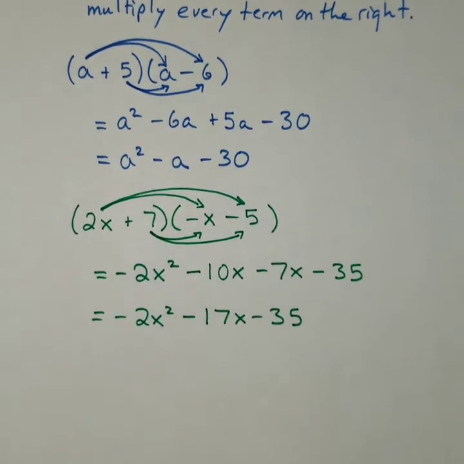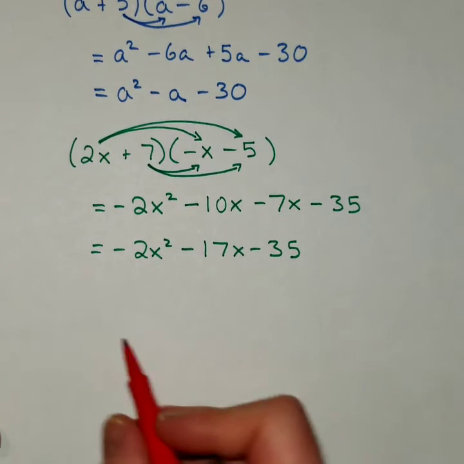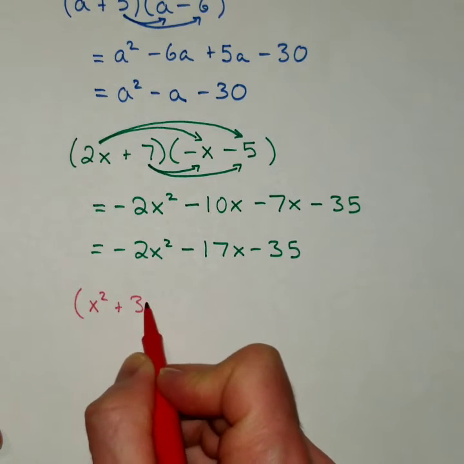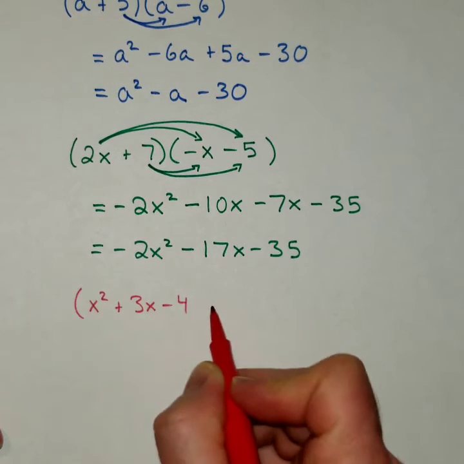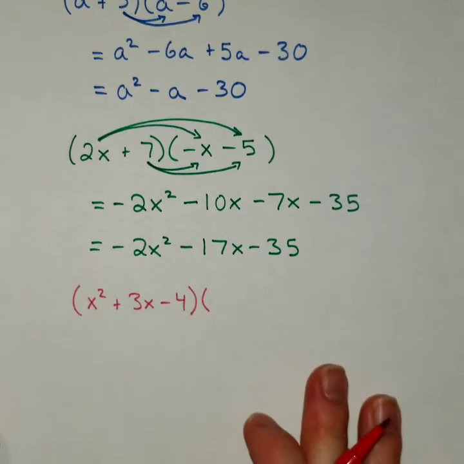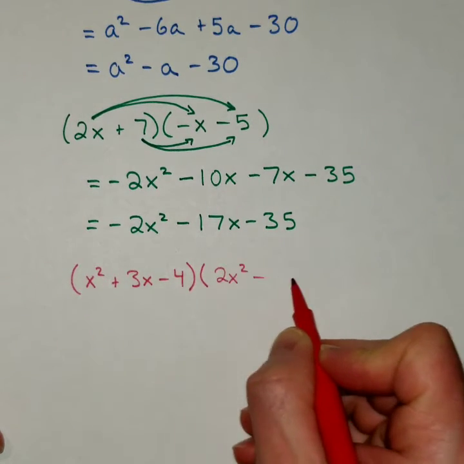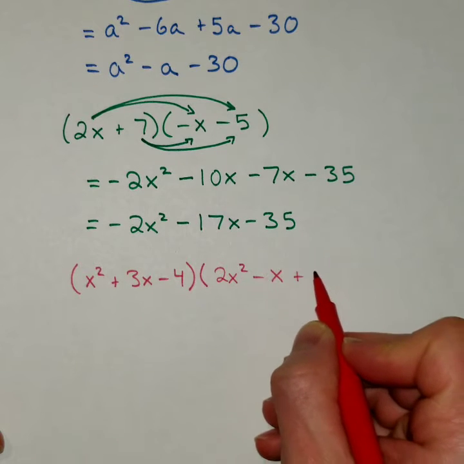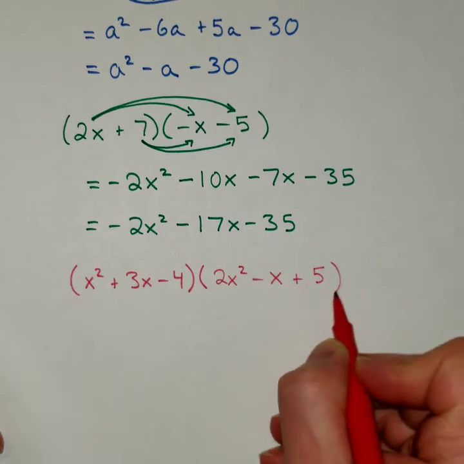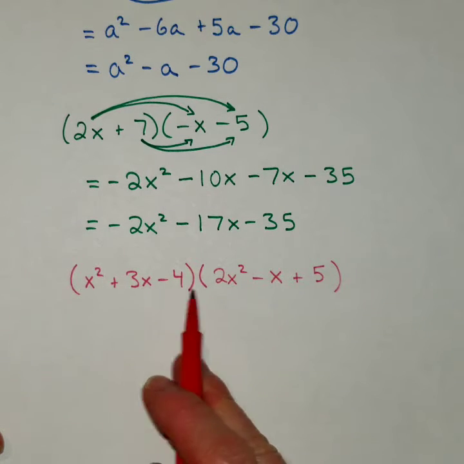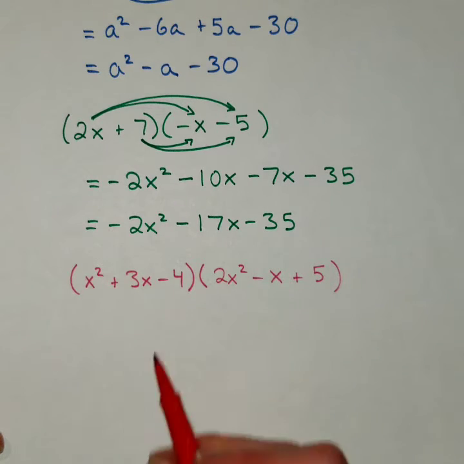Okay, so if I wanted to do something like x squared plus 3x minus 4 multiplied by 2x squared minus x plus 5, the same principle holds that every term on the left must multiply every term on the right.